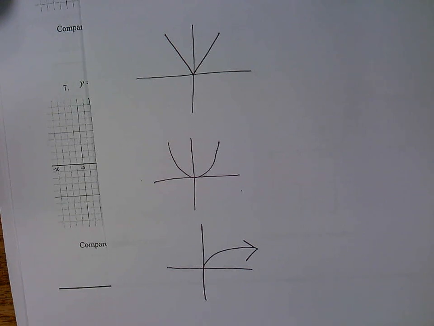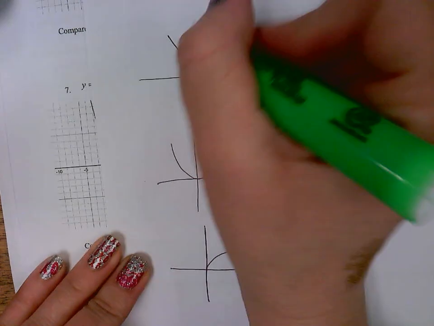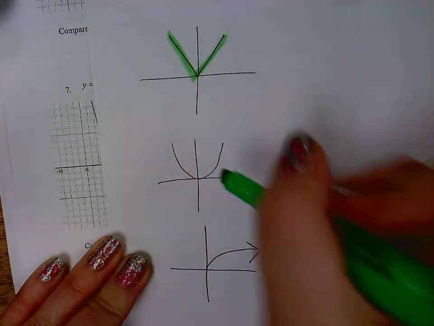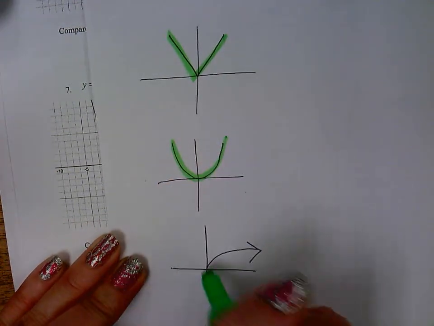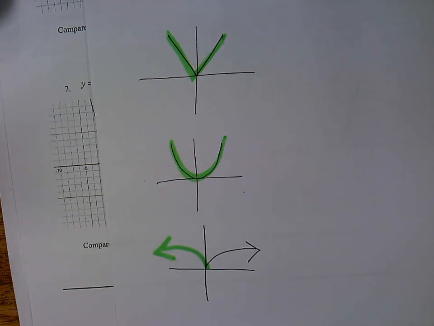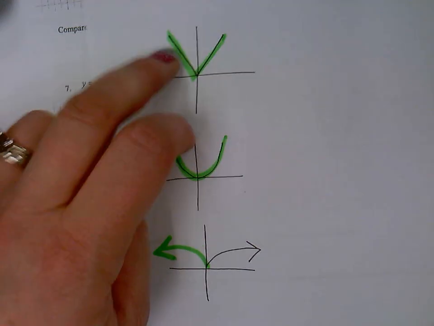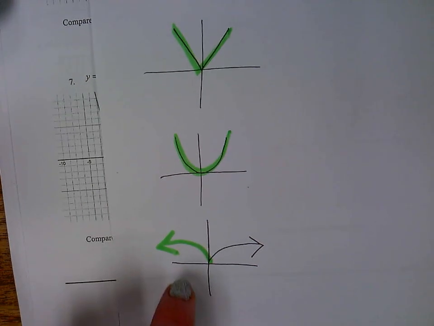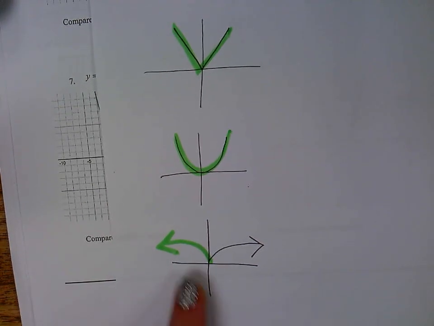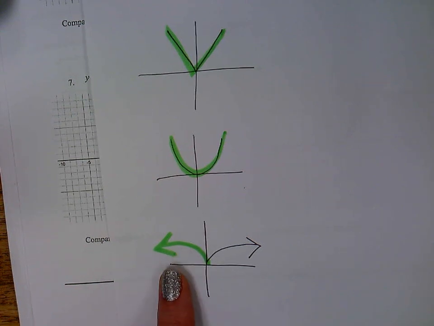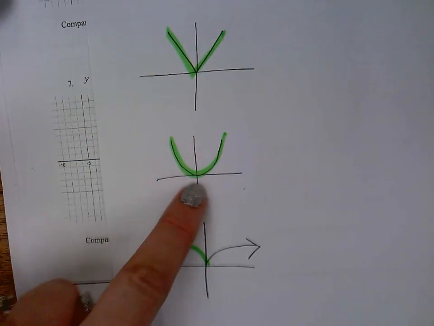So how come when I did the reflection, this looked the same, this looked the same, and this went in this direction? Why? What is different about these two graphs that this one doesn't have? Why do I see this green graph here? In these, I really didn't see the green show up.